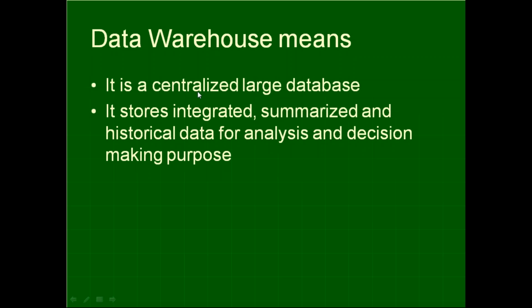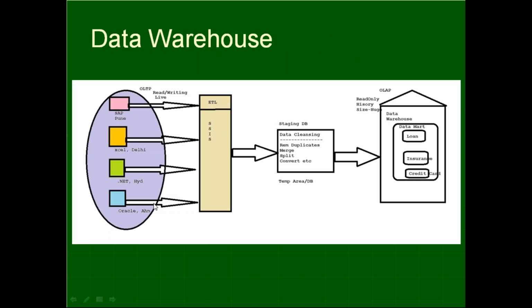Okay, so it is a centralized large database. It stores integrated, summarized, and historical data for analysis and decision-making purposes. So it is an OLAP system we were talking about, right? OLAP means online analytical. The data is here, and with the help of SSAS, you're going to analyze. OLAP means storing. Storing means data warehouse.